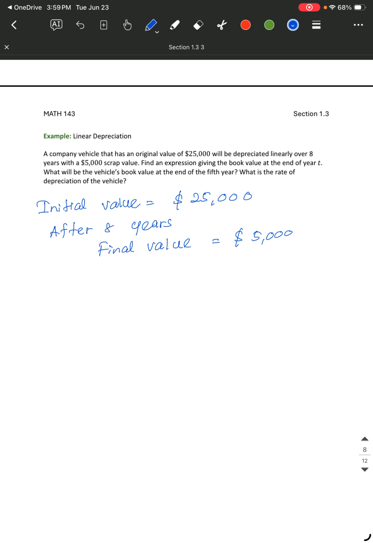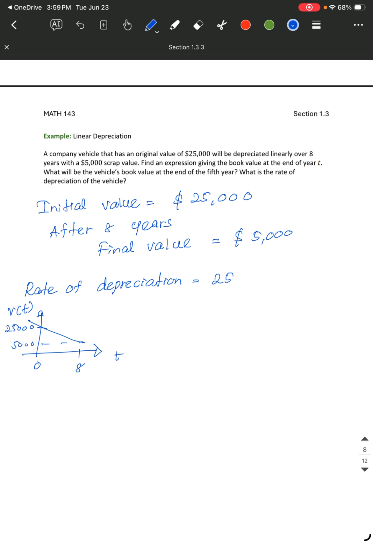Okay. Then the rate of depreciation should be the slope. Value of t at 8. Here we have 25,000 and 5,000. So 25,000 minus 5,000 over 0 minus 8. 20,000 over negative 8.